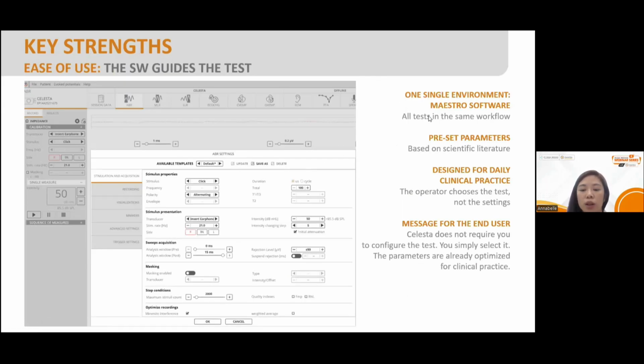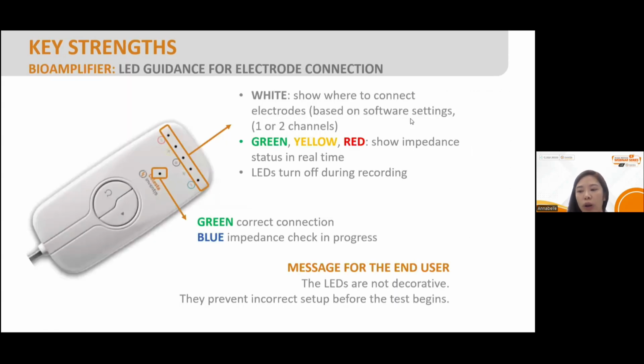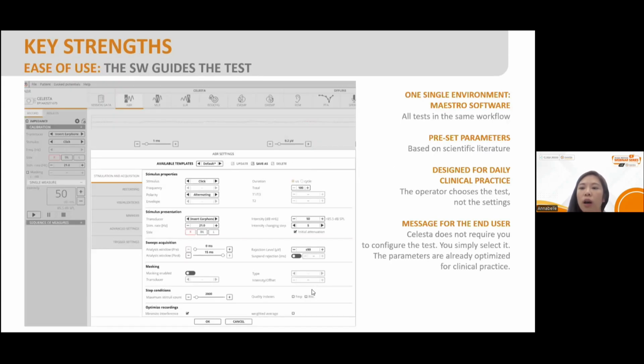So here, after we talked about the hardware, we talk about the software. We use the Maestro software. If any of you used Inventis equipment before, then I'm sure that you already know Maestro software. You must have heard about that.